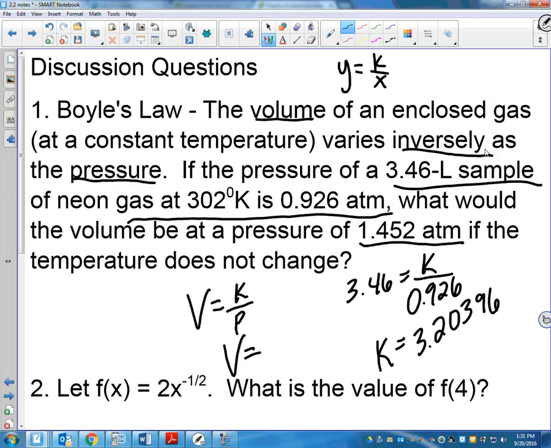So we know that K equals 3.20396, and then the new pressure is 1.452. So then you take that divided by 1.452, and you should get like 2.207. Did you get that? And apparently you could have done this the chemistry way.